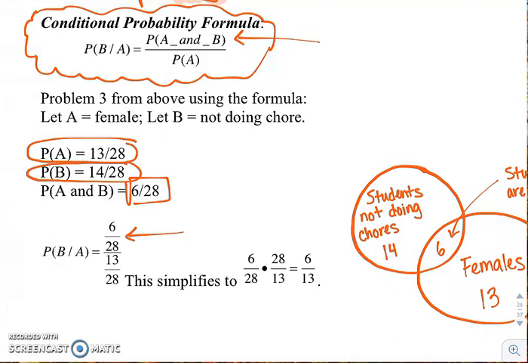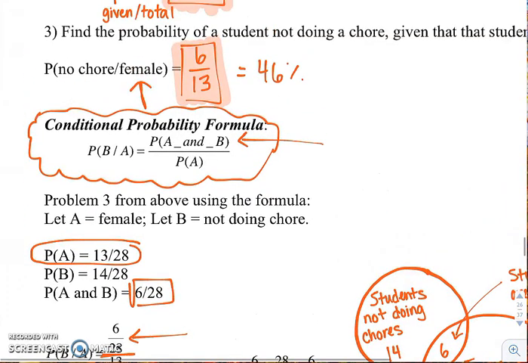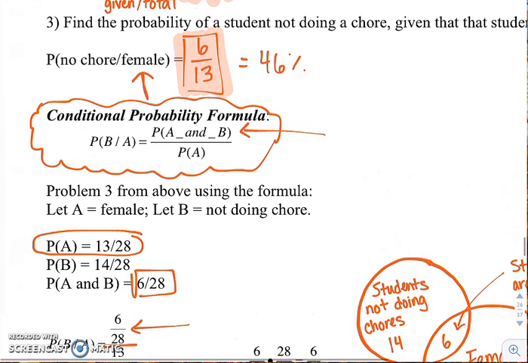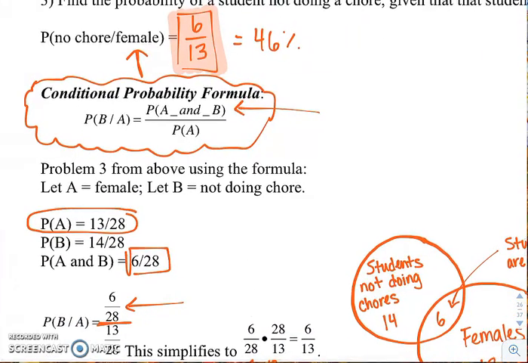And then you would divide it by the probability of A, which was 13 out of 28. So, dividing by a fraction is really multiplying by the reciprocal. So you would get 6/28 times 28 over 13, which just simplifies to 6 out of 13, which we got to be our answer. Does that seem complicated? Yes.